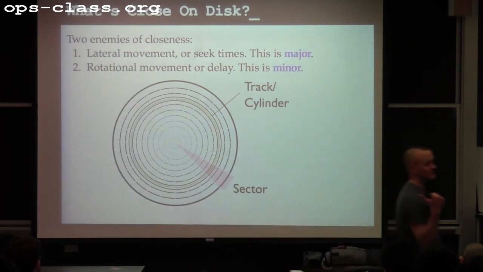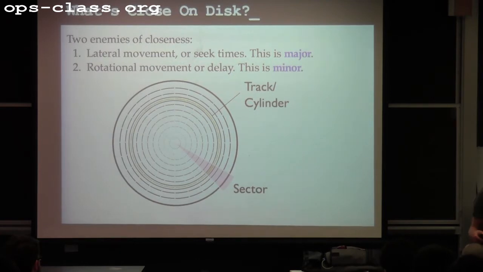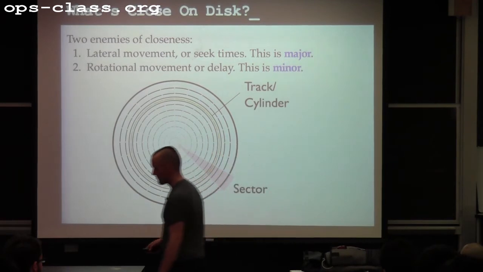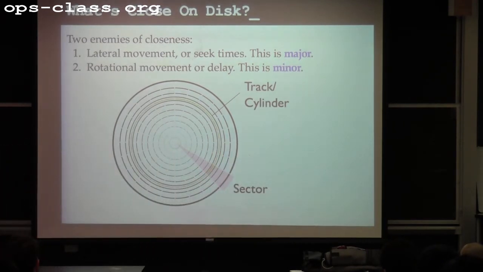What neat or potentially kind of disgusting thing did FFS do to deal with some of the odd rotational limitations of early disk drives? Anyone remember? Yeah, Doug. It would spread the file out across the disk so that if the buffer filled while you were reading, you wouldn't have to go all the way around to read the next part of the file.